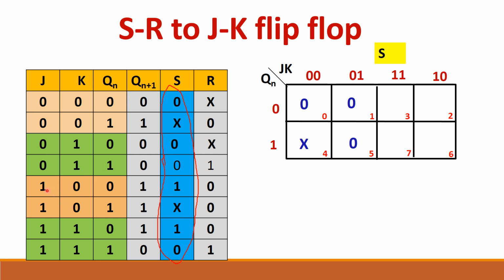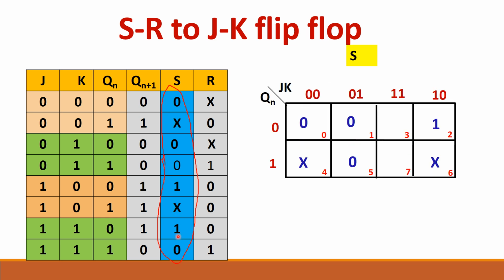For 1, 0, if Qn is 0, S is 1. So here 1, next you will get X. Then for the 1, 1 condition, if Qn is 0, you will get 1, and then 0. So we have finished the K map, then we have to simplify it.